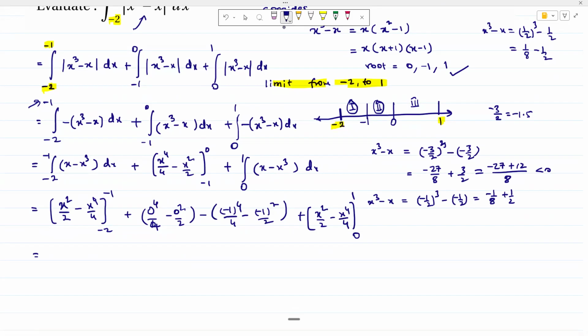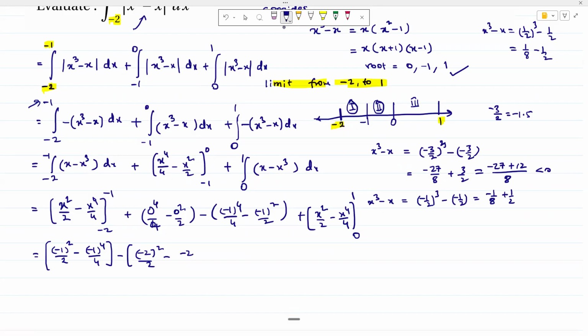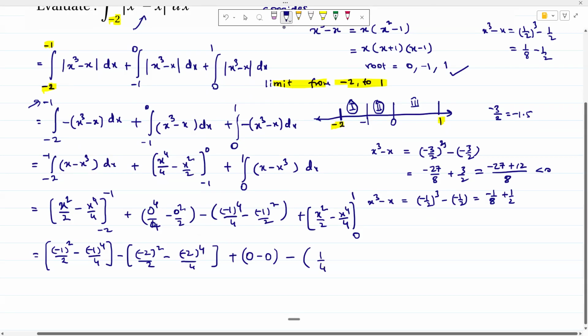Okay, and plus the integration x square by 2 minus x power 4 by 4 under limits 0 to 1. So we are just substituting the limiting values, that's it. For the first part, it is upper limit minus lower limit: (-1) square by 2 minus (-1) power 4 by 4, minus (-2) square by 2 minus (-2) power 4 by 4. And look at this value: 0 power 4 by 4 is 0, minus 0 square by 2 is also 0. And then 1 power 4 is 1, so 1/4 minus 1/2.